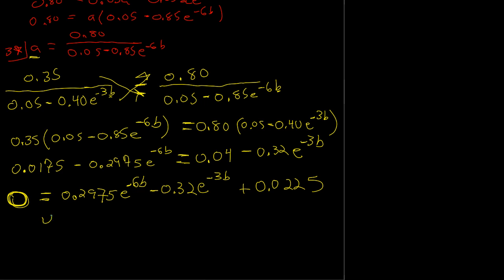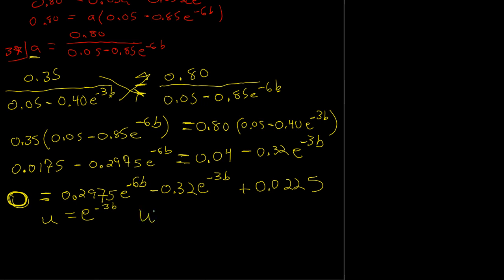I could say, hey, why don't I make this represent e to the negative 3b? Just make some other variable represent it for right now.